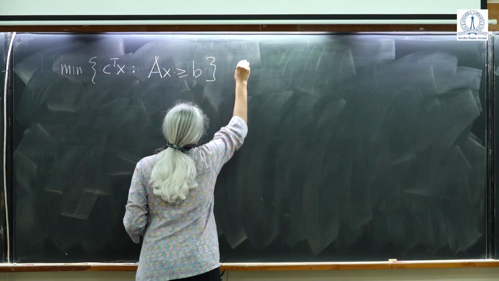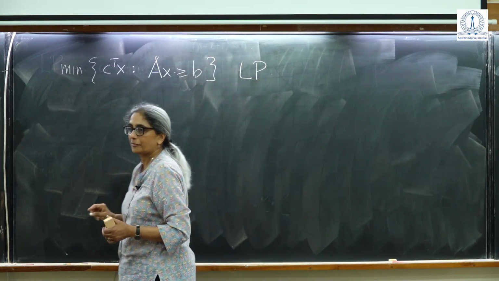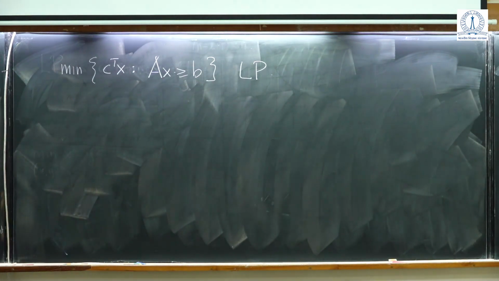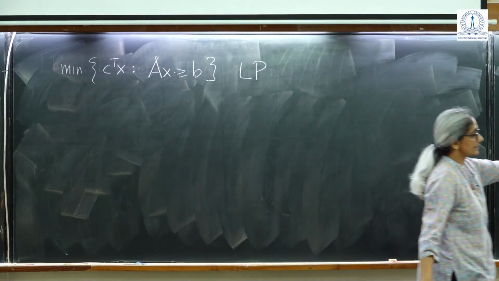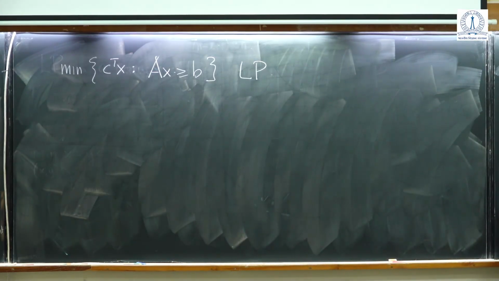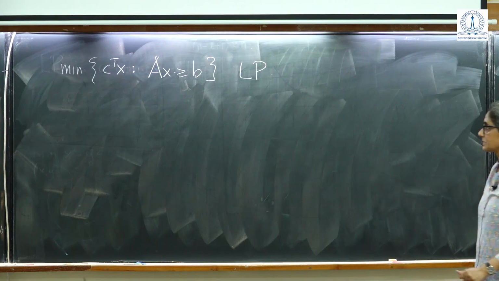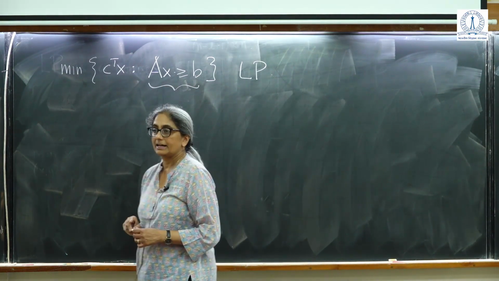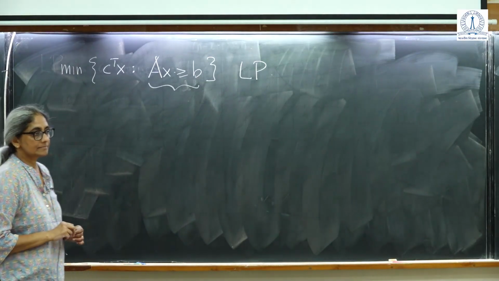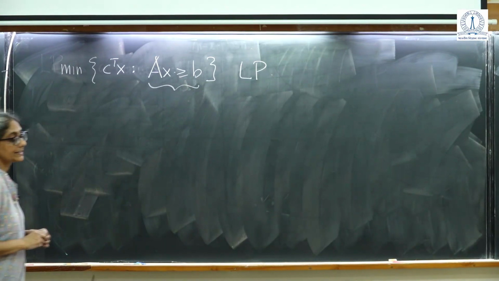So this is a linear program. Everybody all right with this? I want to argue that this program can be rewritten to look like this. The c transpose x part is okay. We just have to rewrite this system as a linear matrix inequality.